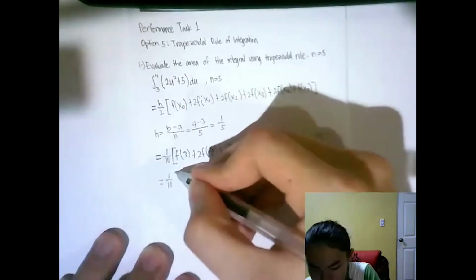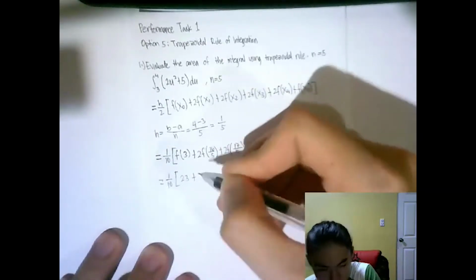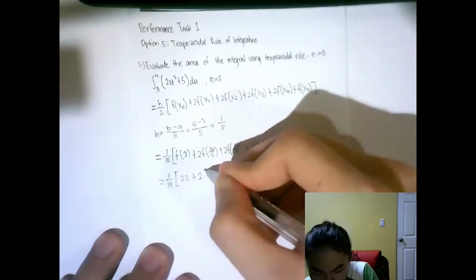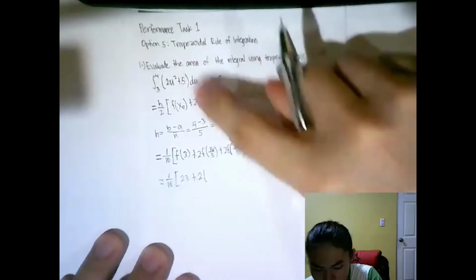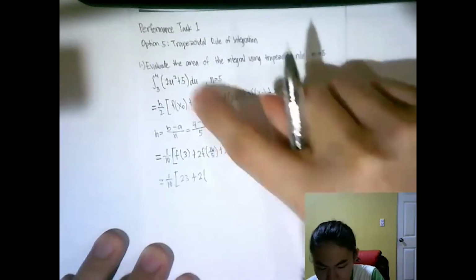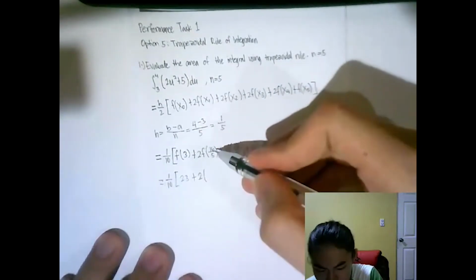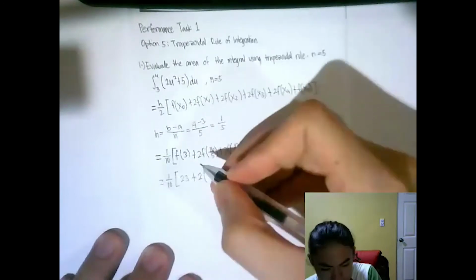So, substituting this number into this equation, ay makakuha tayo ng answer na 23. Dito naman sa kabila, syempre hindi yan mawala ang 2 times kung anong value ang makukuha natin sa pag-substitute ng 16 over 5 dito sa ating equation.